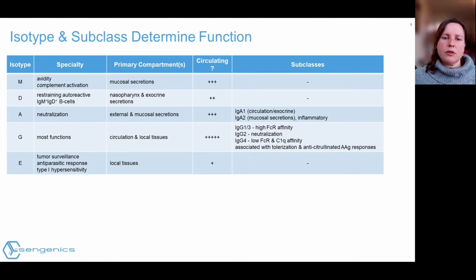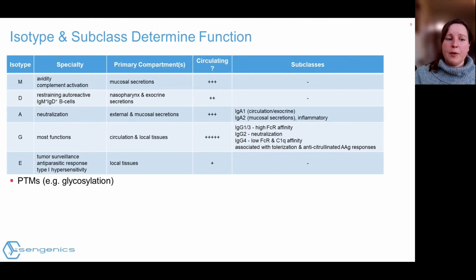Another general observation about how antibodies function is that each anatomical compartment, depending on the types of antigens that it typically sees, also has a particular pattern of antibody isotypes and subclasses that are usually present there that are tailored to the needs of that particular compartment. However, all of the isotypes and subclasses do also end up in circulation.